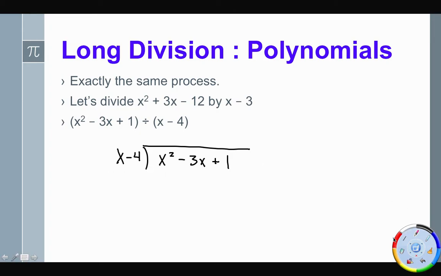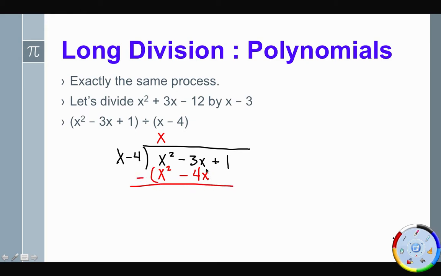And we're going to ask the same idea. How many times does x go into x squared? It goes in there x times, because x times x gets x squared. So if I multiply those two things together, I get x times x, which is x squared. And I get a minus 4x when I multiplied by minus 4 and x.